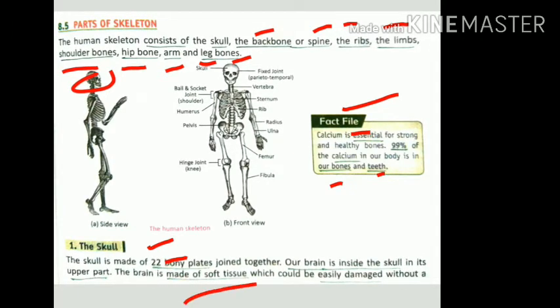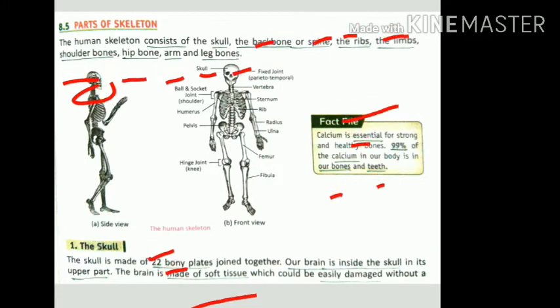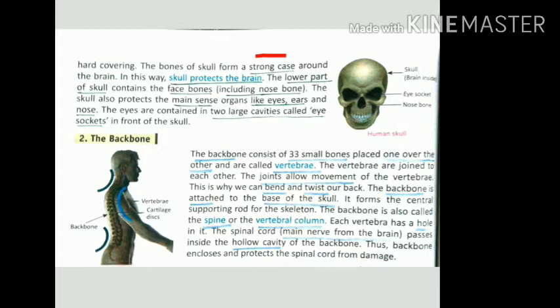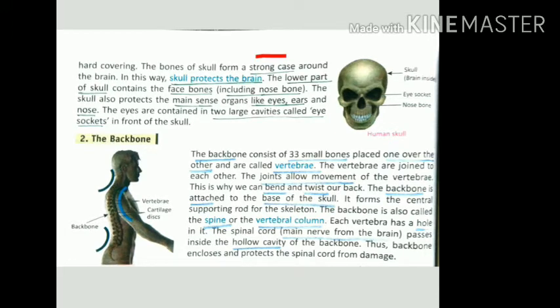The brain is made up of soft tissues like muscles, and it could be easily damaged without a hard covering. So our skull gives it protection and works like a strong case, like a cage in which we keep a parrot. Our brain lives inside the skull like a parrot.